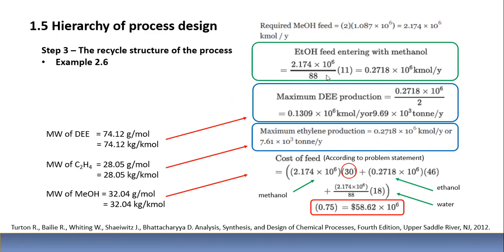So we should divide by 0.88 and multiply by 0.11, or divide by 88 and multiply by 11. It's the same. So this is the amount of ethanol entering with this amount of methanol. And this is on a yearly basis, you see, per year.